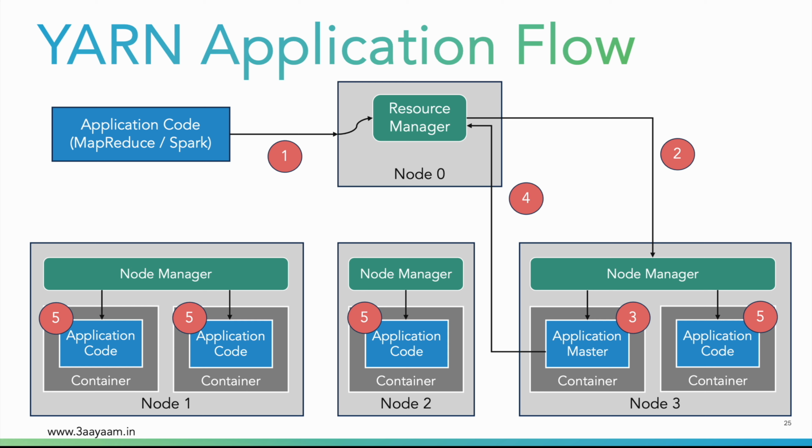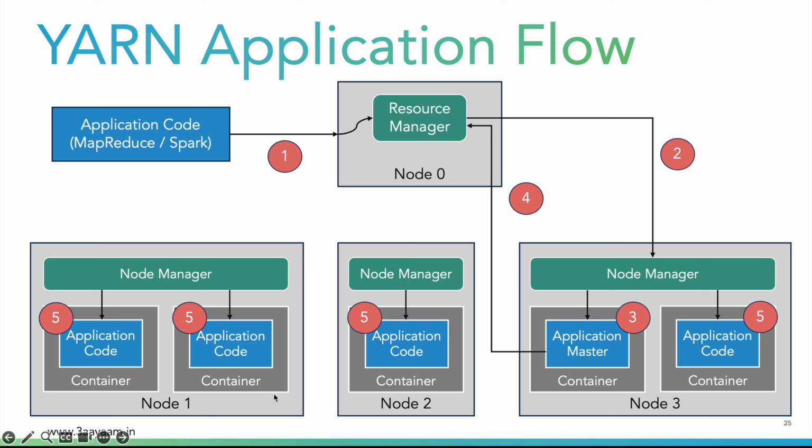And you already know what containers are. A container is a small computational unit which contains a certain percentage of CPU and RAM of the entire node. Once the execution is complete, all these containers would be terminated and the resources would be made available again, the cluster resources, that is. So this is how the Yarn application flow happens.